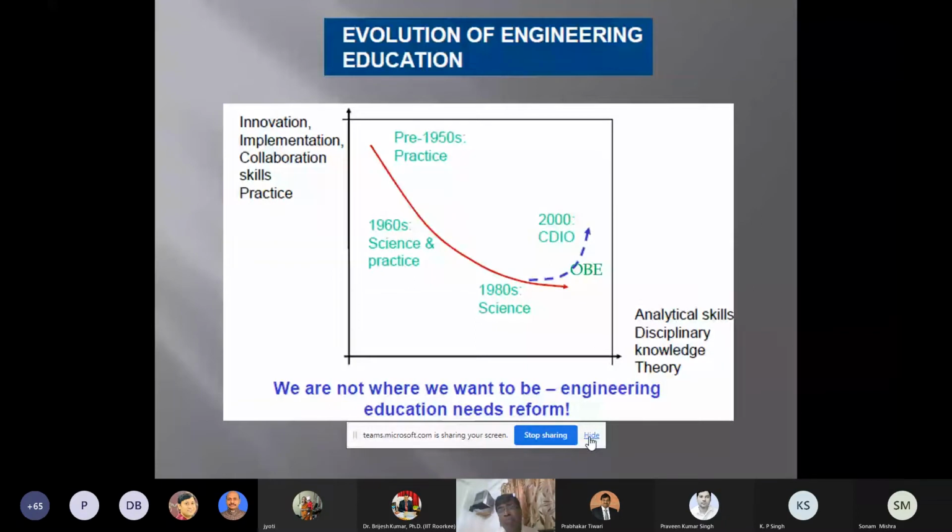I don't know when the CDIO model will be implemented in our country. Out of almost 4,000 institutions in our country, only 4 institutions have started. That is 0.4%. So I would like people like you to take the initiative towards starting the CDIO initiative. NITTR will definitely support that.